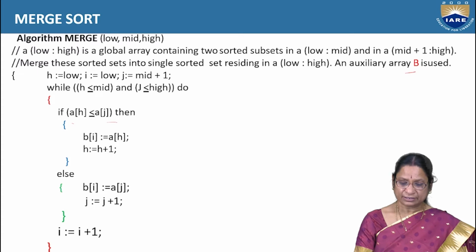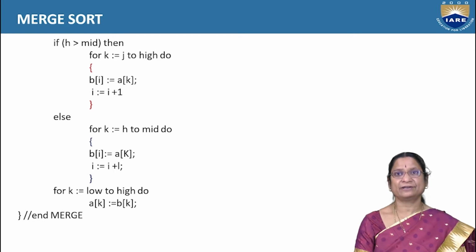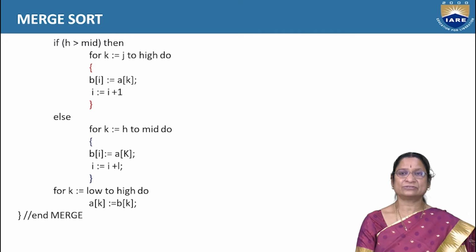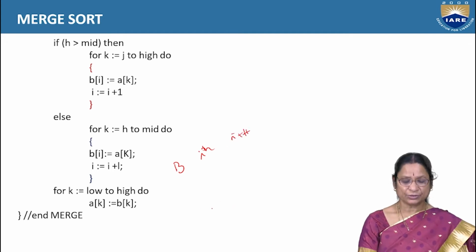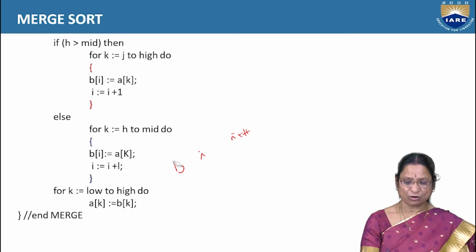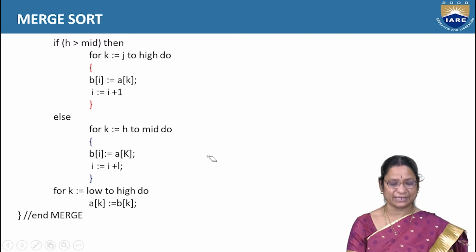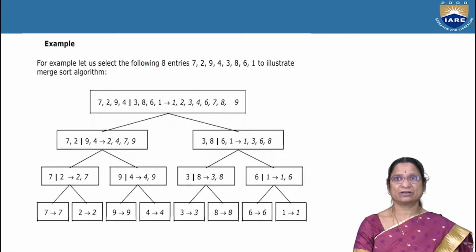If J is greater than high, the second sublist is exhausted, and the first sublist values are written here. That means after merging, all elements are stored in array B from the low position to the high position. Again, these must be copied back to the original array so that the original array is in sorted order. This is the merge process we considered.